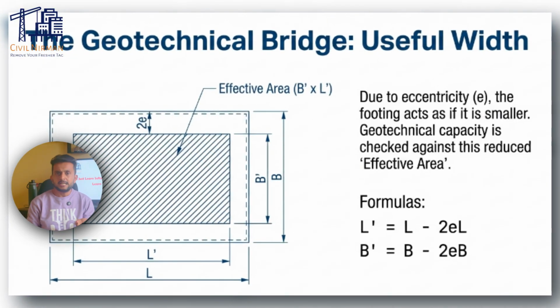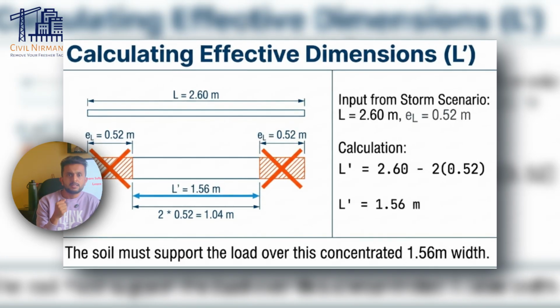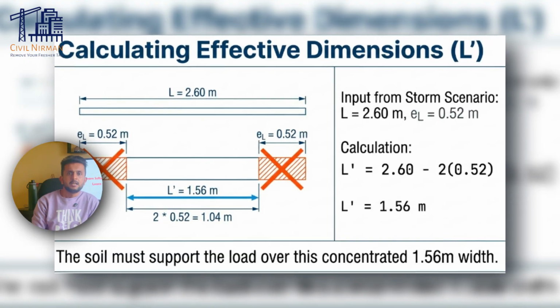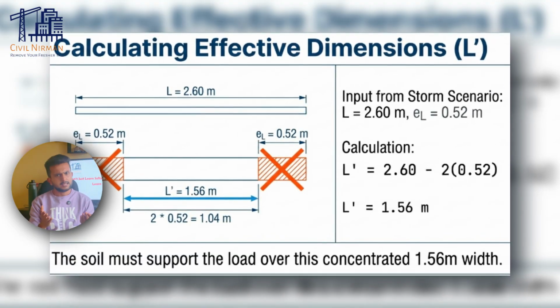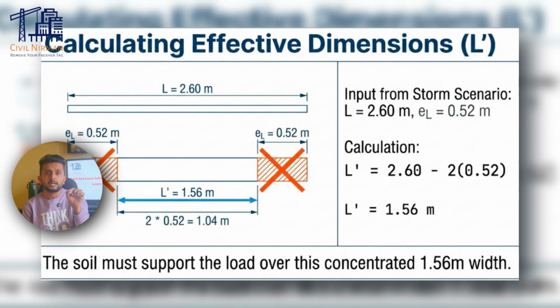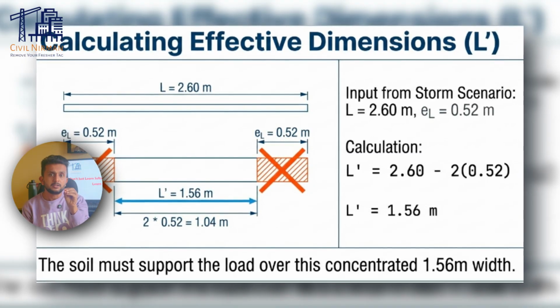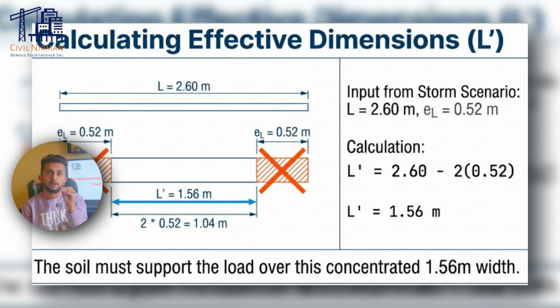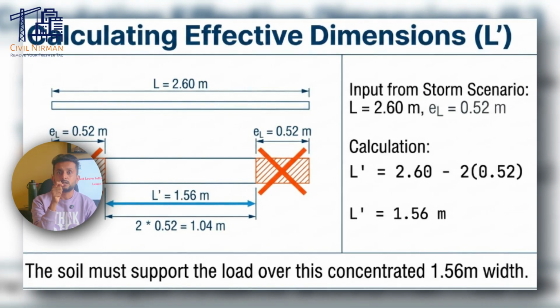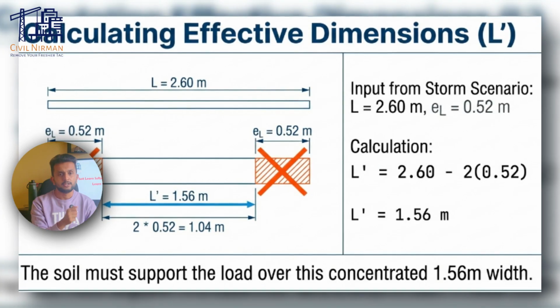Based on the data of our sample calculation, here I am considering L as 2.6, and based on its ratios for eccentricity, we can calculate this too. And here is the calculation. Now based on the calculation, this means that geotechnically our 2.6 meter footing is behaving like a 1.56 meter footing. You must ensure that the soil can support the load on this reduced area.